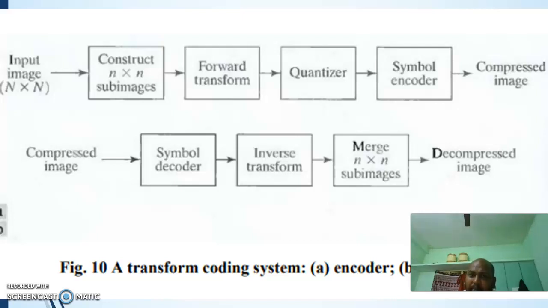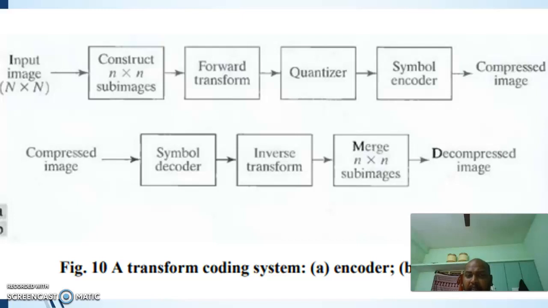Then some encoder, some coding algorithm, is applied, like what you studied earlier: Huffman coding, Shannon-Fano coding, or bit length coding. Then the compressed image is obtained. This compressed image can be stored, or it can be transmitted in communication.